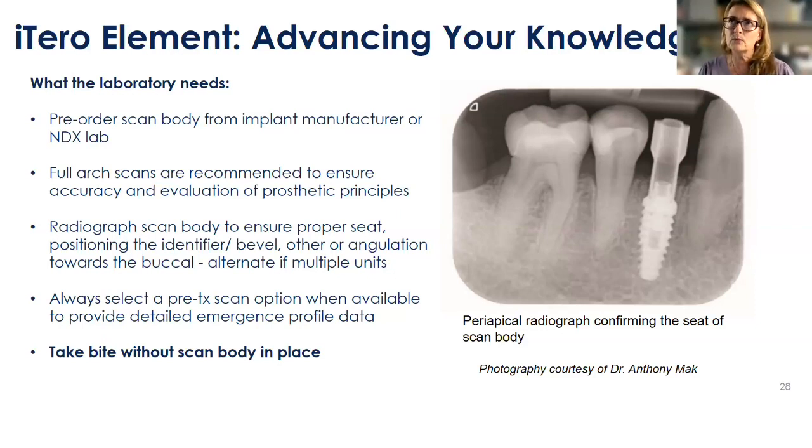And the purpose for that, that's going to be like your gingival tissue mask, right? That you would receive in a model form. You will see that in a digital form. The lab will have that digitally to be able to design and create a beautiful emergence profile for your final restoration. Super, super important. Take advantage of the pre-treatment scan and scan the tissue without the healing cap in place.